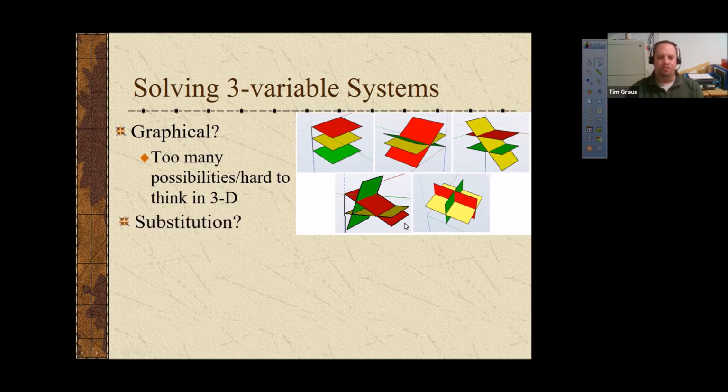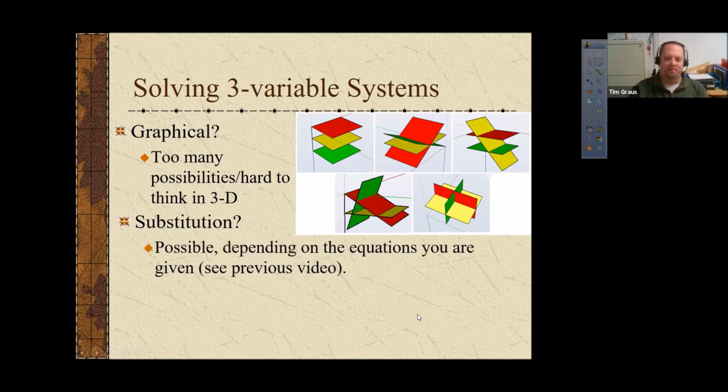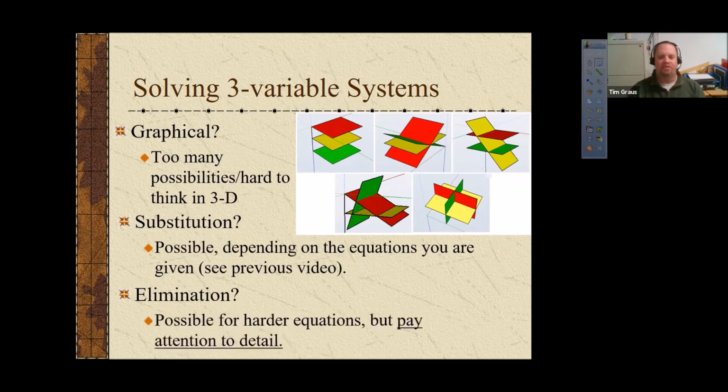We could use substitution. It is possible, depending on the equations you're given. And as you saw in the previous video, if we have something called a triangular system, it's not too difficult, but not all systems are triangular systems. Can we use elimination? In the previous video, you saw me use a combination of substitution and elimination, both kind of interacting together to solve.